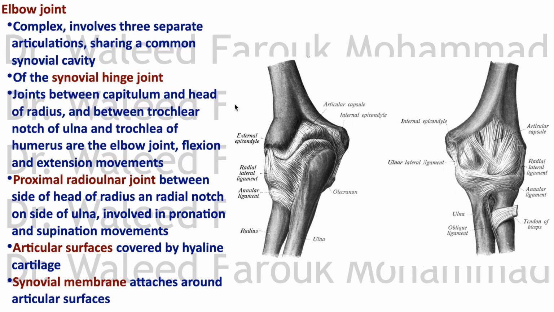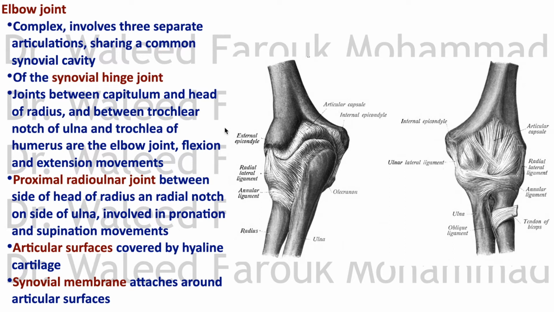Actually, it's two articulations that form the elbow joint proper, which is the articulation of the trochlear surface with the trochlear notch of the ulna, and the capitulum with the superior surface of the radial head, while the superior radioulnar joint is the third articulation. It is in the elbow region, not the elbow joint. It's in the elbow region because it's included in the capsule of the elbow joint.